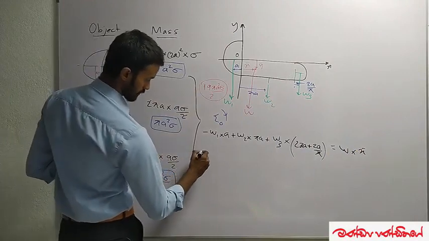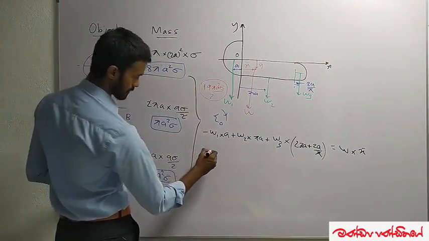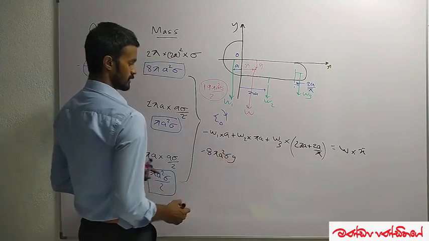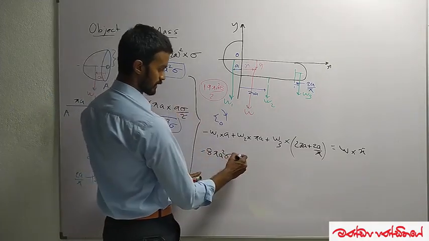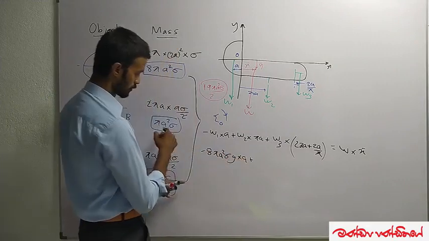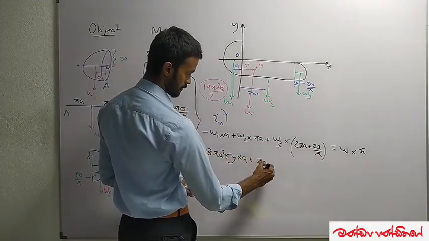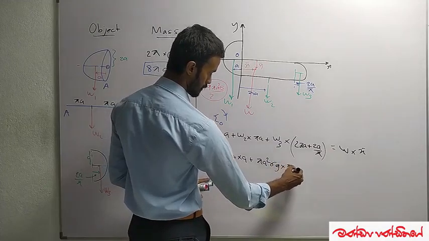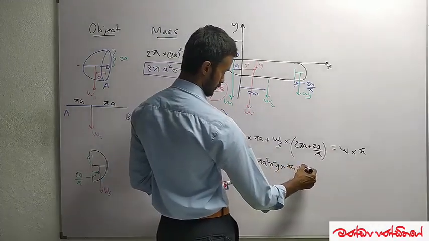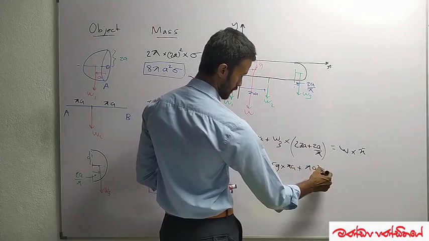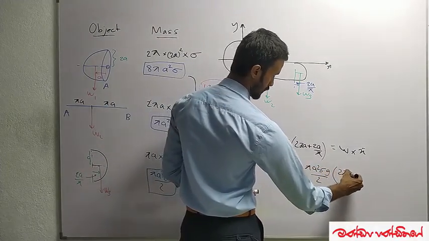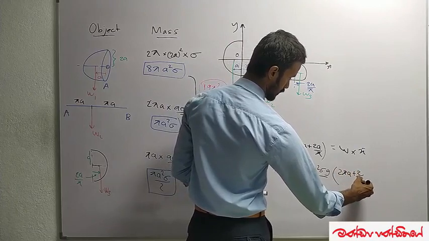So let's write the values. I took W1 as 8 pi a squared sigma into g, because this is the mass and I'm considering the weight, into a, plus W2, which is pi a squared sigma g into pi a, plus W3, which is pi a squared sigma g over 2 into pi a plus 2a over pi.